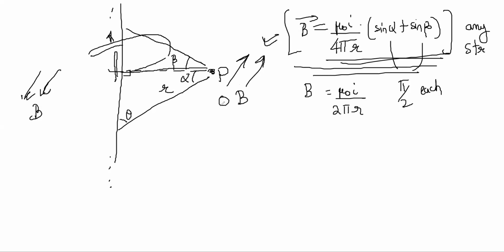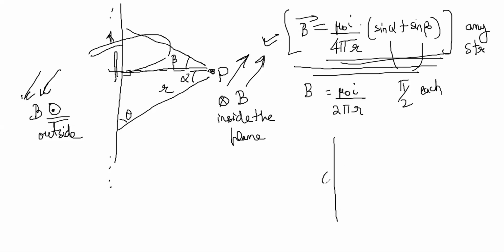The notation denotes this is outside the plane and this is inside the plane. The direction of B, that is something that you need to know. So field lines look something like this. Magnetic field lines look like this, circles like this.